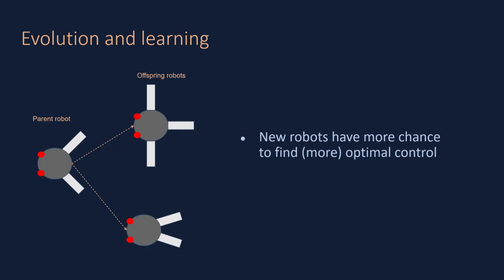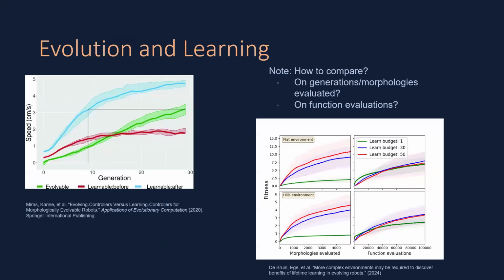So this way, the new robots will have more chance to find a more optimal control. In this setting, this robot already had the optimized control, and in this setting, this robot will have more tries to find its optimal control and possibly perform better than the other robots.